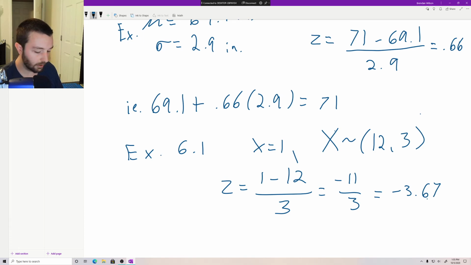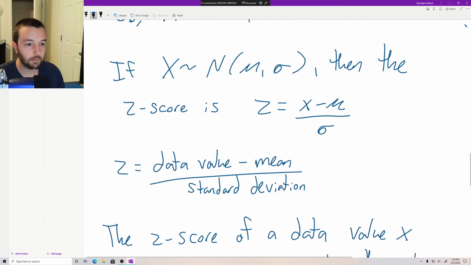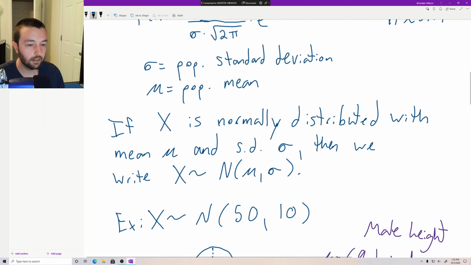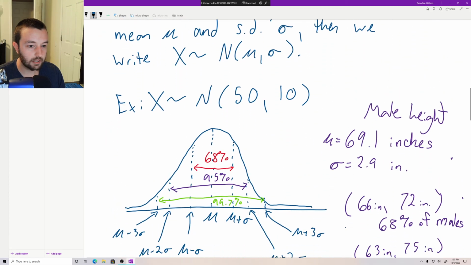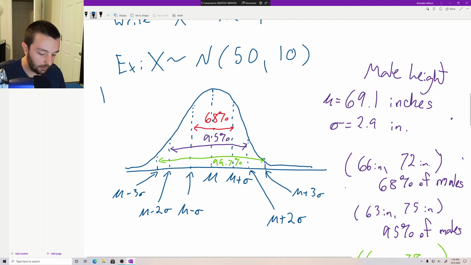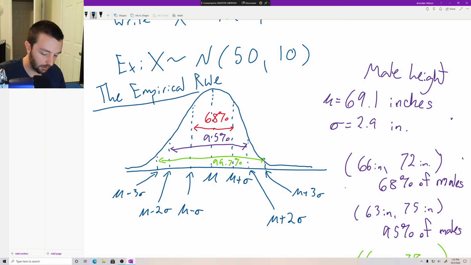So the next thing the book talks about is what I talked about up here. I didn't say what this is called, but this is called the empirical rule. Empirical means you can tell just by looking at it.